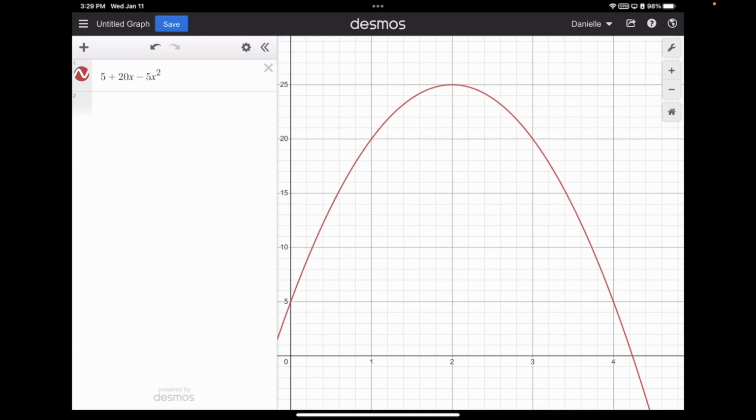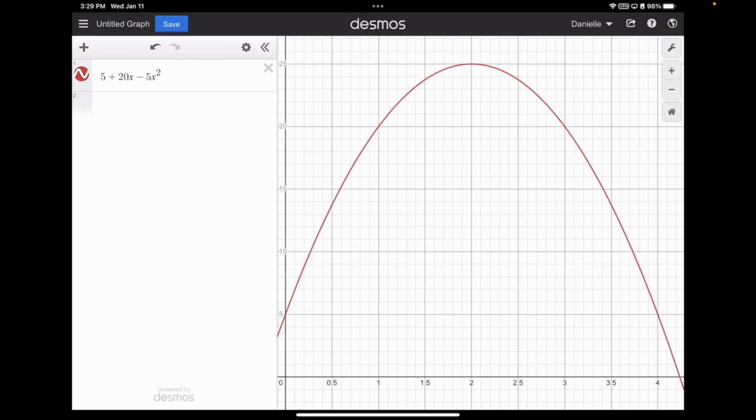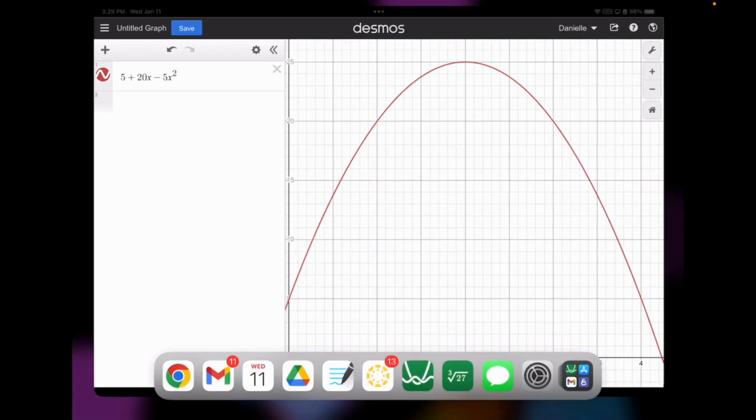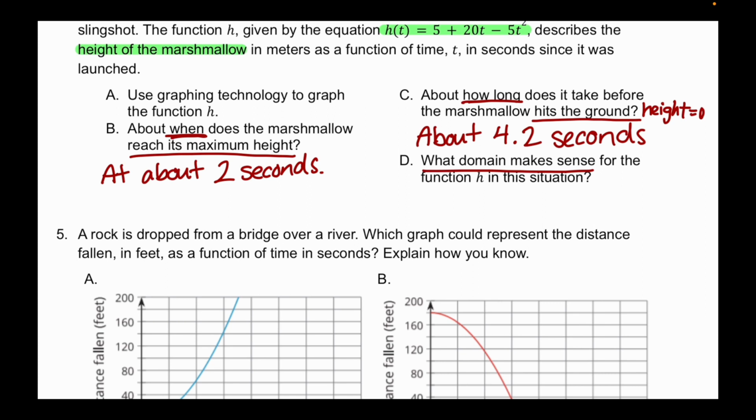So when we're talking about which domains make sense, we only want to go from 0 to about 4.2. This is the only part of the graph that we're really going to look at, and that's really going to matter. So that's what they mean by domain. So let's write a domain here, and that's going to be using t as our variable. So on the far left end, we would have from 0, and it's okay for it to be equal to them because that's where our graph would start.